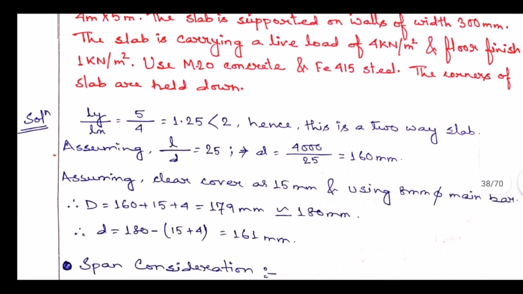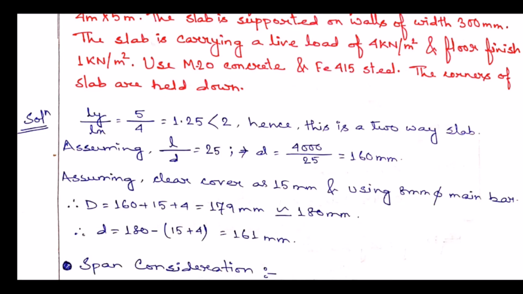Now assuming clear cover as 15 mm and using 8 mm diameter main bar, the overall depth will be the effective depth as per assumption, that is 160, plus clear cover, that is 15, plus half the diameter of the main reinforcement bar, that is 4. So the overall depth is 179 mm, or we can say 180 mm.